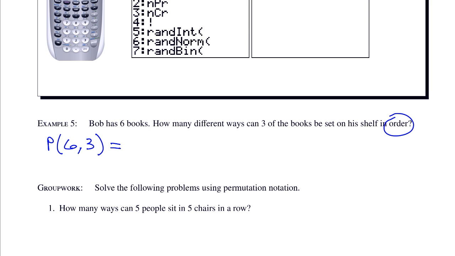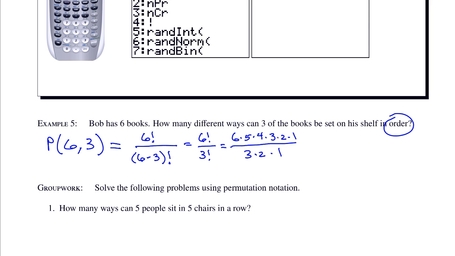So I'm going to do this problem twice. I'm going to do it with the technical formula for permutation. This would be 6 factorial over 6 minus 3 factorial. So that would be 6 factorial over 3 factorial, which is 6, 5, 4, 3, 2, 1 over 3, 2, 1. So the 3's cancel, the 2's cancel, the 1's cancel.